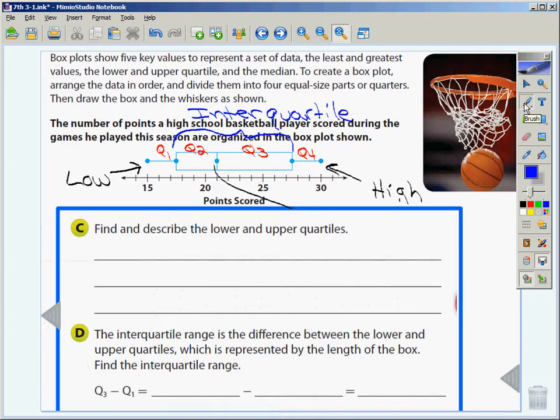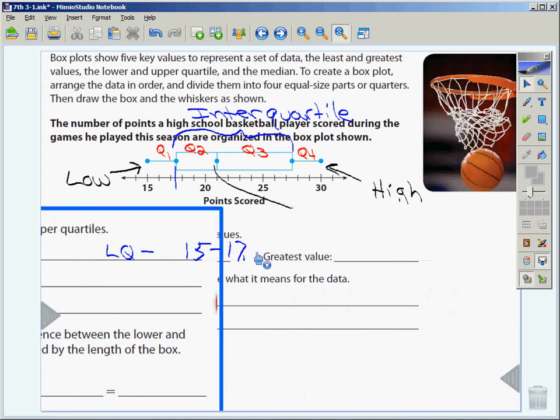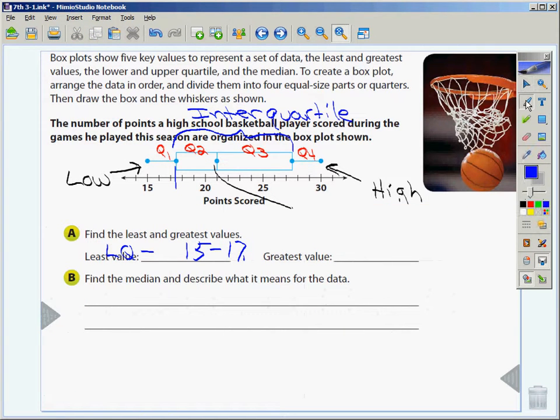C. Find and describe the lower and upper quartiles. What's the lower quartile? Where does it start? At 15, and goes through what?